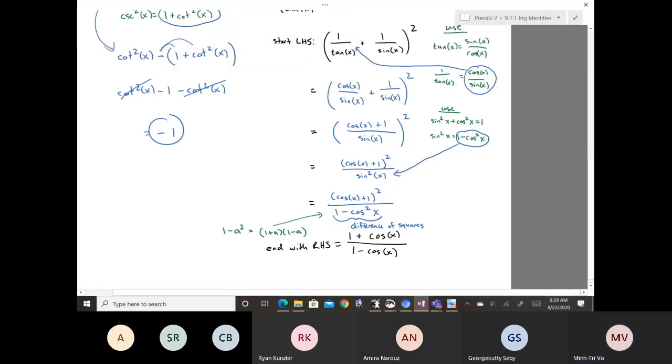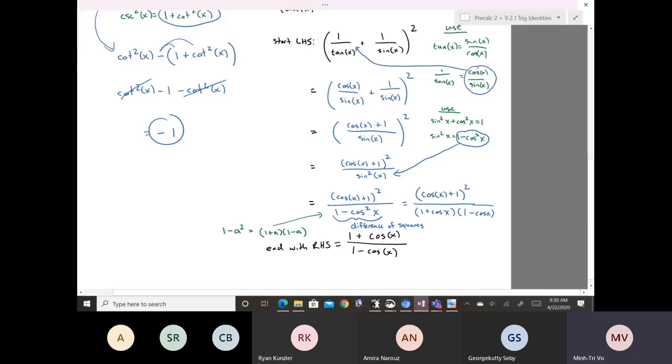So what does this become? So cosine of x plus 1 squared over, right? So I'm factoring it in this way. So 1 plus cosine x times 1 minus cosine x. Cosine is playing the role of a here.